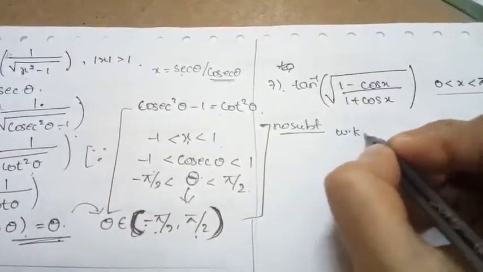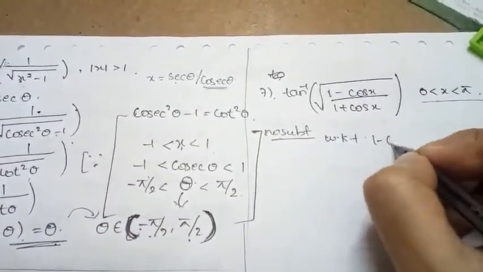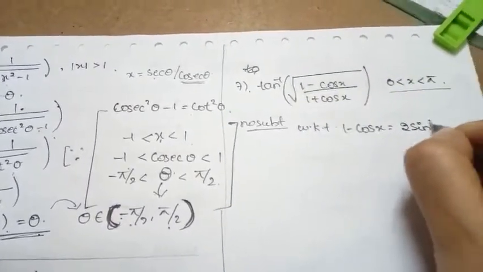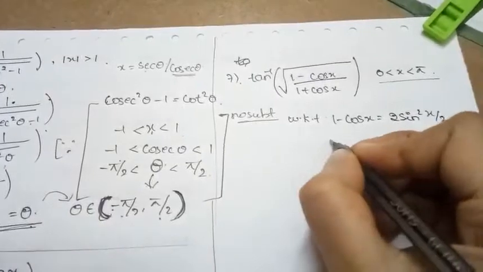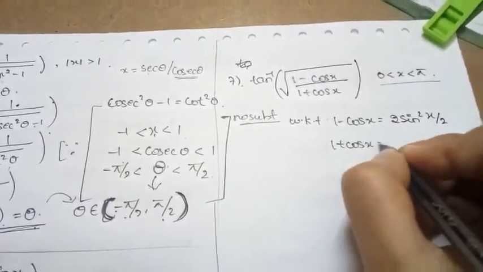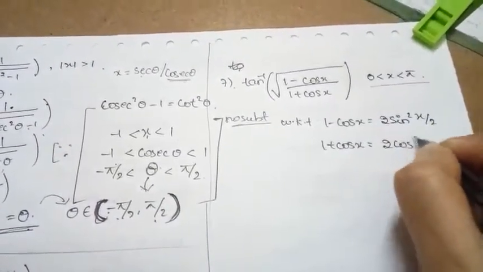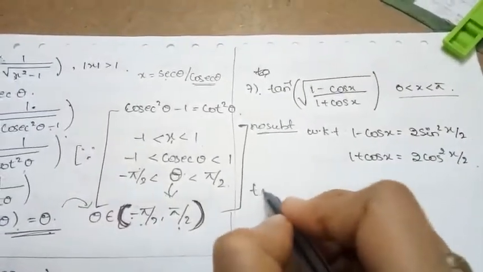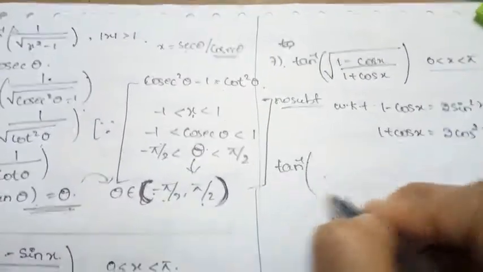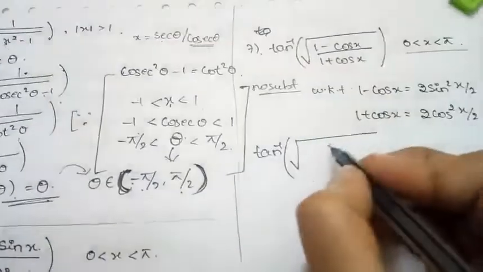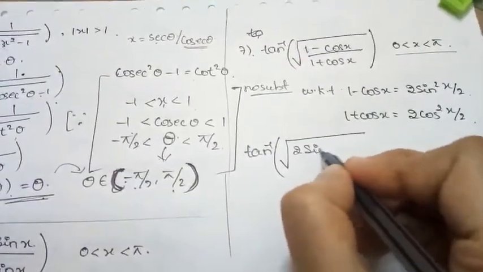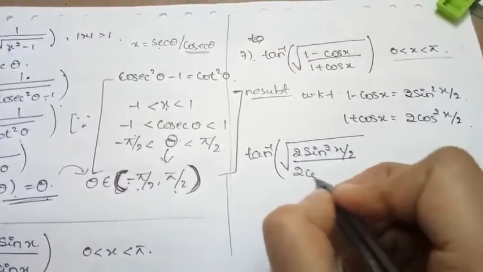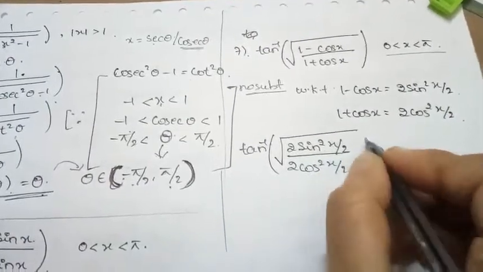Clearly we know the identity: 1 minus cos x is equal to 2 sin square x by 2, and 1 plus cos x is equal to 2 cos square x by 2. So let us deal with that identity. Tan inverse of square root of, in the numerator 2 sin square x by 2, in the denominator 2 cos square x by 2.